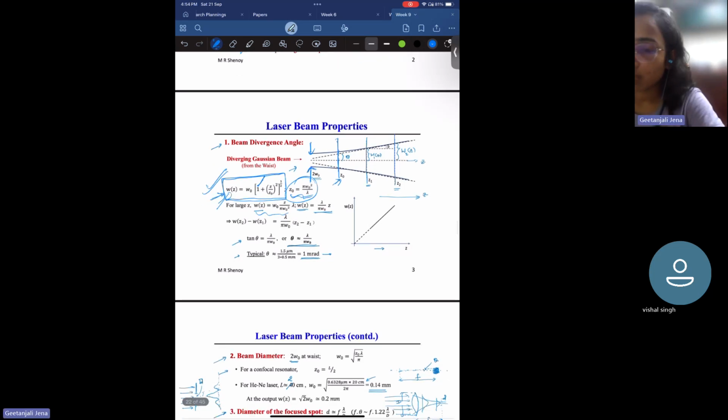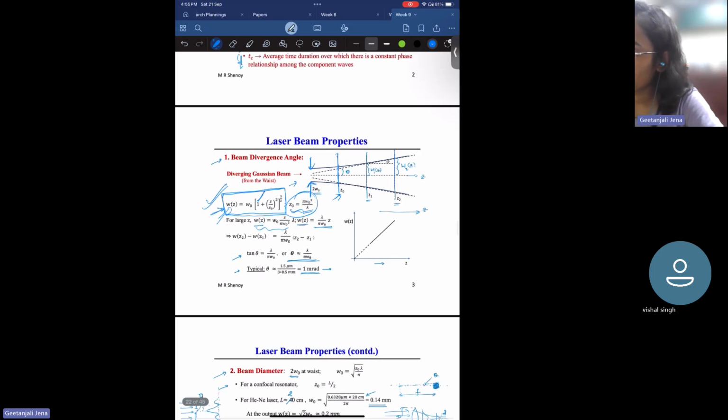So now let us calculate what will be the theta angle using this spot size. We can take the spot size at different positions, Z1 and Z2. Then we can relate it through the angle theta and calculate the divergence angle.